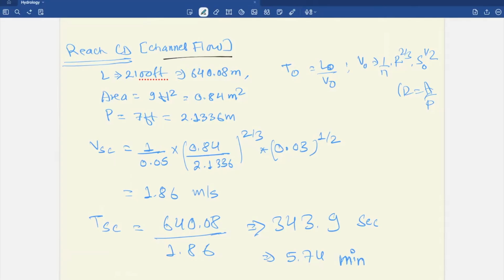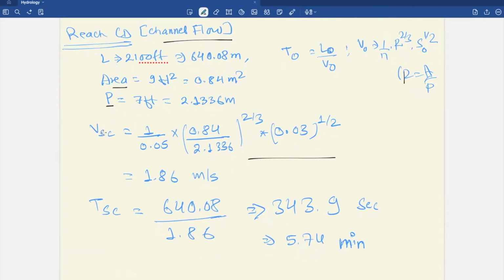We need Manning's equation for open channel flow, that is this one. First, the hydraulic radius R will be equal to A by P. When we convert feet to meters, we get 0.84 for area and 2.1336 meters for P, and we will have this hydraulic radius.